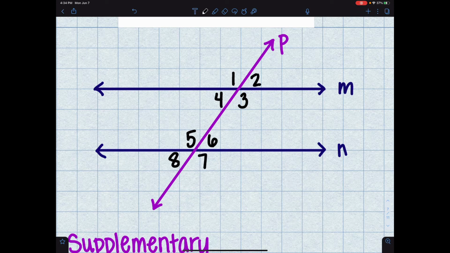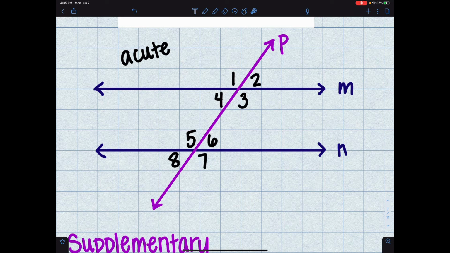There are 8 angles formed. 4 of them are acute angles. Remember the word acute? That means less than 90 degrees. So let's point out which of these angles are acute. Well, this one is, 2 is, also 4 is, also 6 is, and also 8 is acute. Those are all the acute. So there's 4 acute ones.